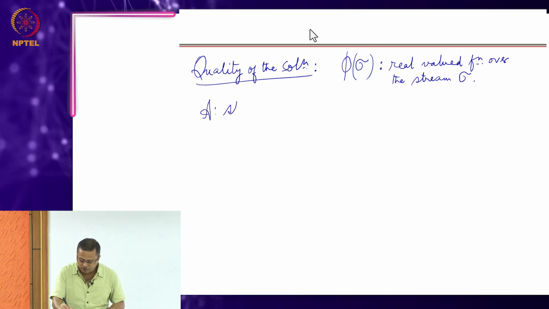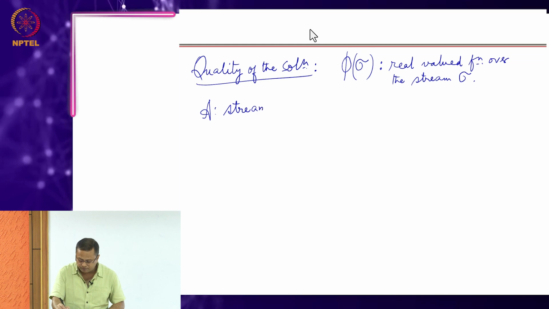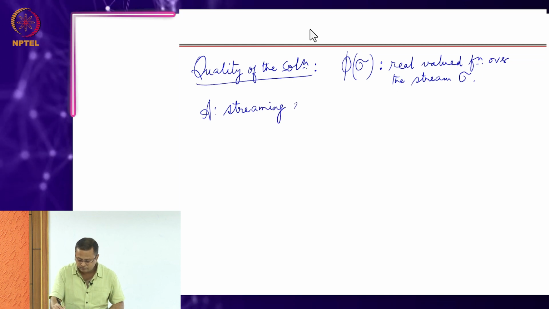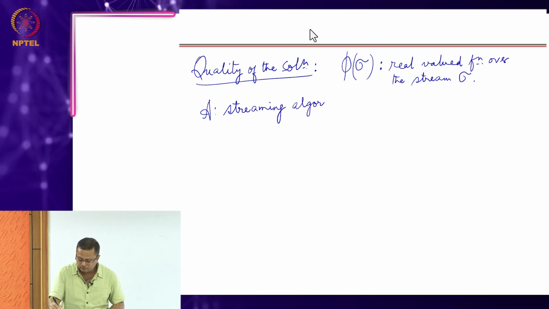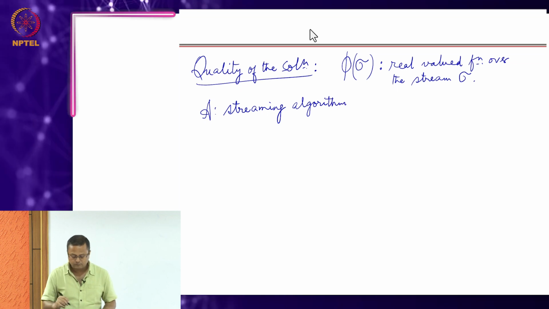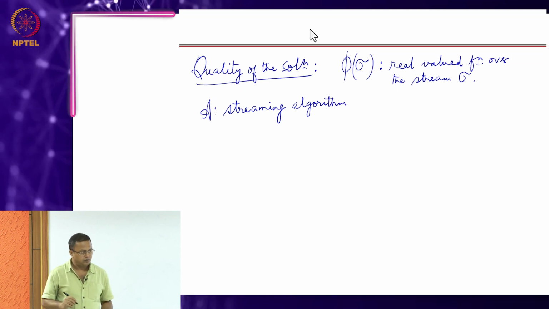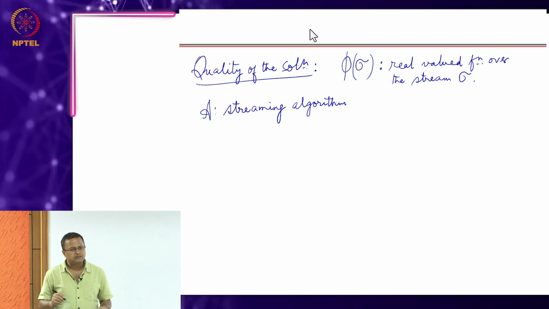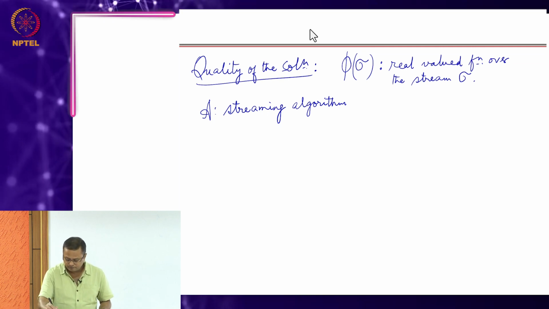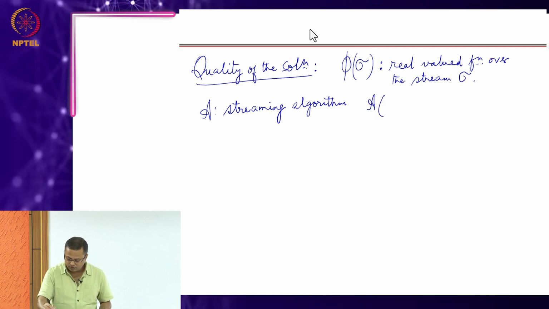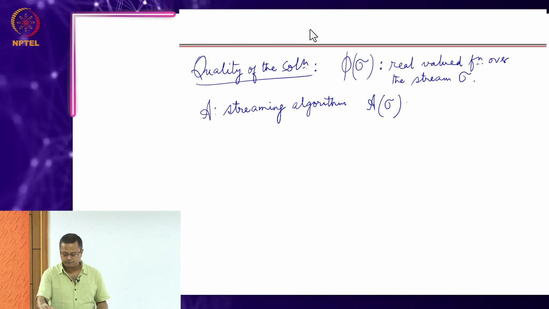A is say your streaming algorithm. So, as I have seen that the streaming algorithm throws out this value.